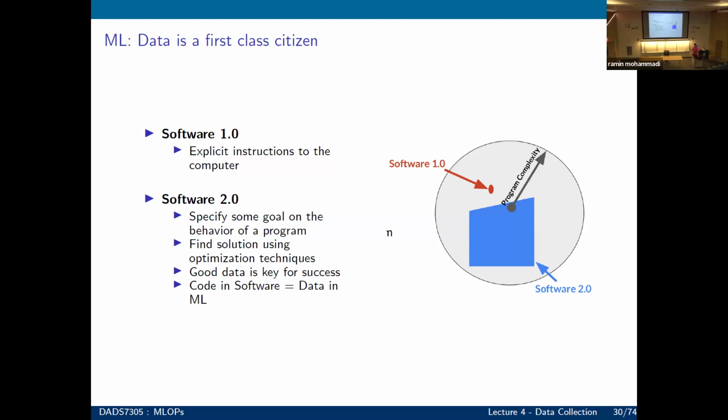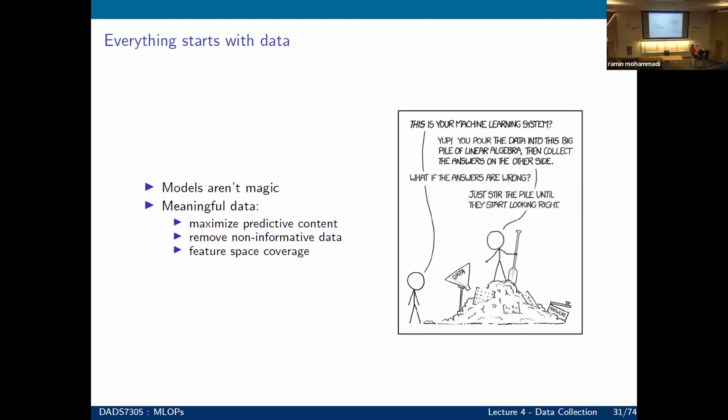So ML is basically called software 2.0. The idea is that in ML, the focus is on the data, not just the software. In software 1.0, the focus is on the code. Here, the focus is on the data. On top of that, you need good code, because if you don't have good data, that's what happens.